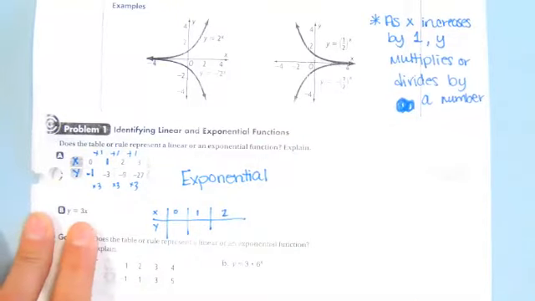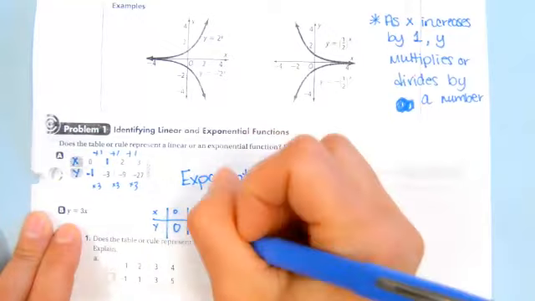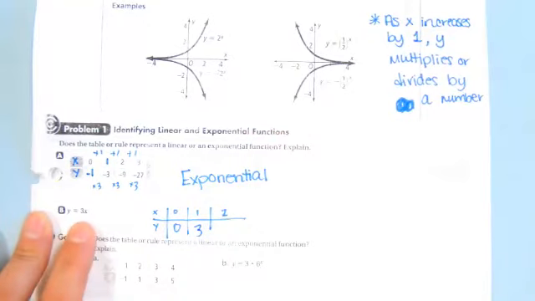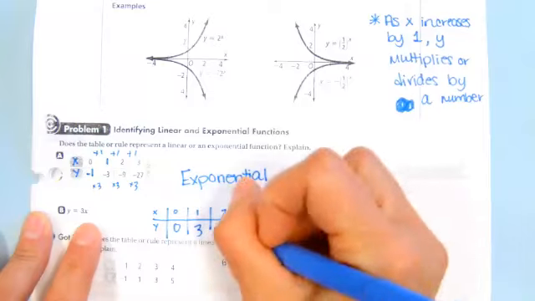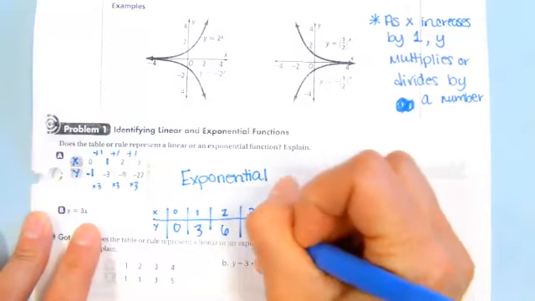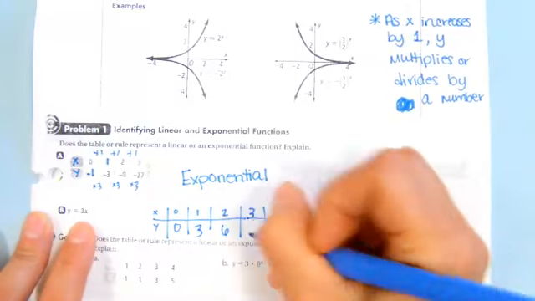If x is 0, 3 times 0, what is y? 0. If x is 1, 3 times 1 is what? If x is 2, 3 times 2 is? Okay, let's do one more. If x is 3, what would we get?